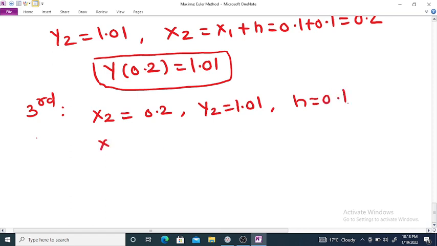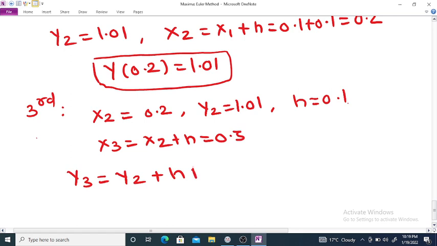So the value of x3 is x2 plus h, so x2 is 0.2 plus h, so it is 0.3, and y3 is equal to y2 plus h f of x2 y2 by using the Euler formula.